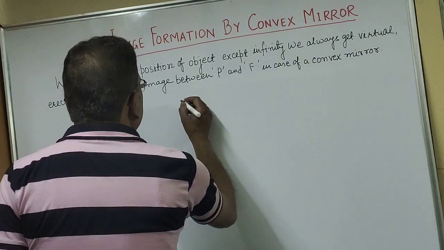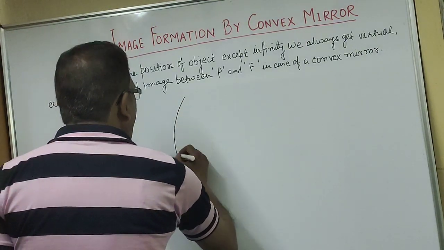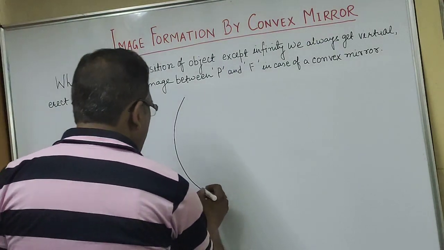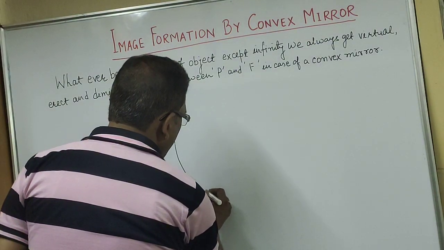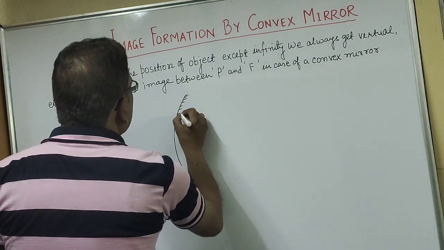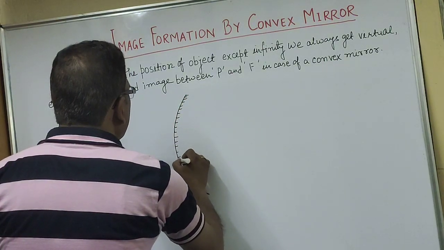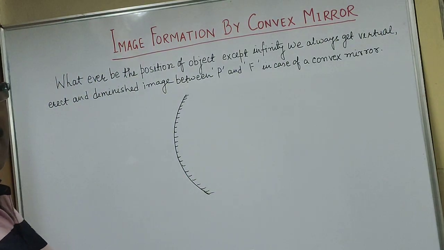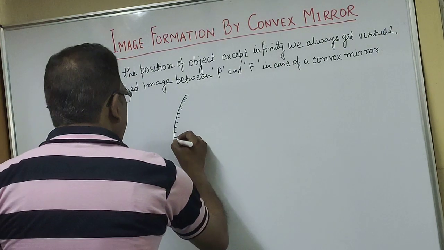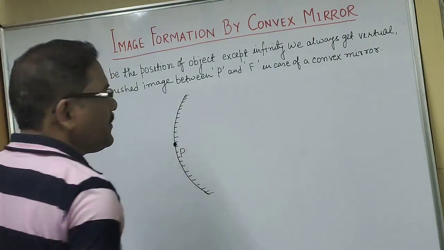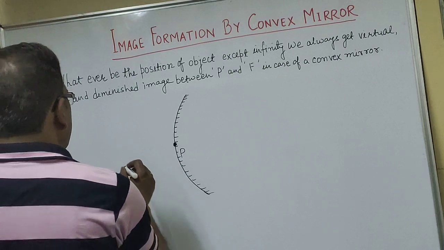First case, when the object is at infinity. So first draw a convex mirror like this. Mark a point P at the center of the reflecting surface.